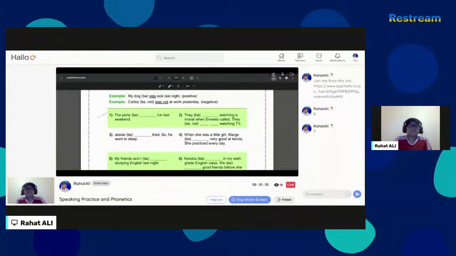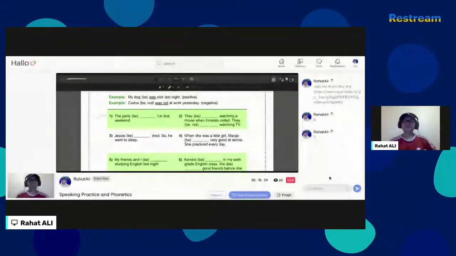The party be fun last weekend. Last weekend. Remember, the A is an R sound here. The party was fun last weekend. You see, now here is the clue of the be verb. So be verb could be am, is, are.